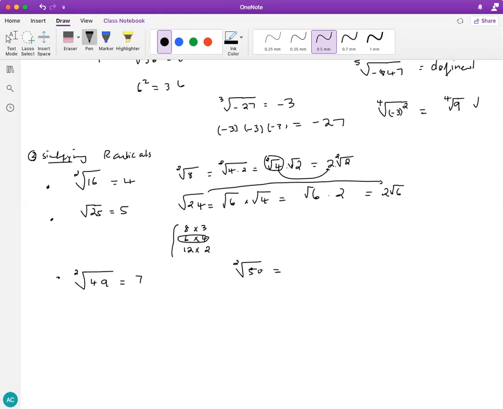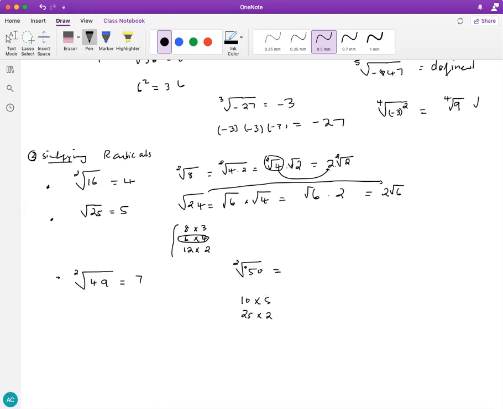But we want to turn this into a simplified radical. So what do you do again to simplify this into some smaller radical? 25 and 2. That's right. We turn the 50 into a product, but not any product. It has to be a specific one. So 50, we can get it by 10 times 5, or 25 and 2. Exactly.